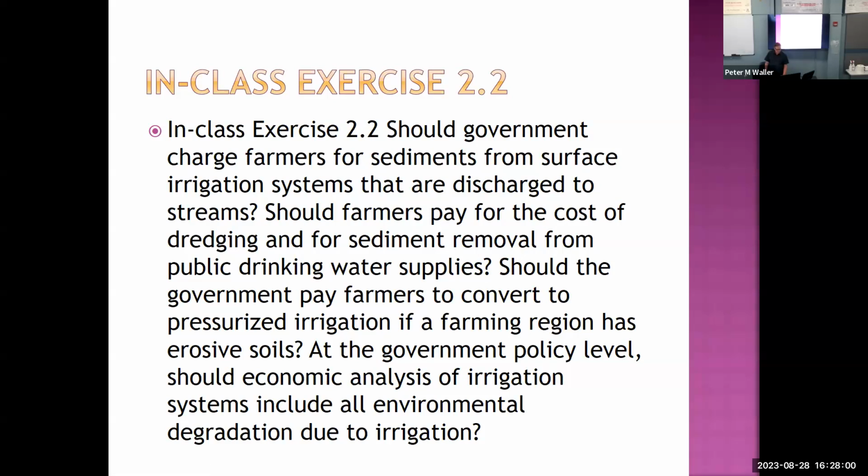One thing to consider is it's in our government's interest to make farming profitable. So I don't think we want to charge farmers to dredge sediment out of rivers. That's my personal opinion. Our group decided much more on paying farmers to get them to convert than charging farmers.